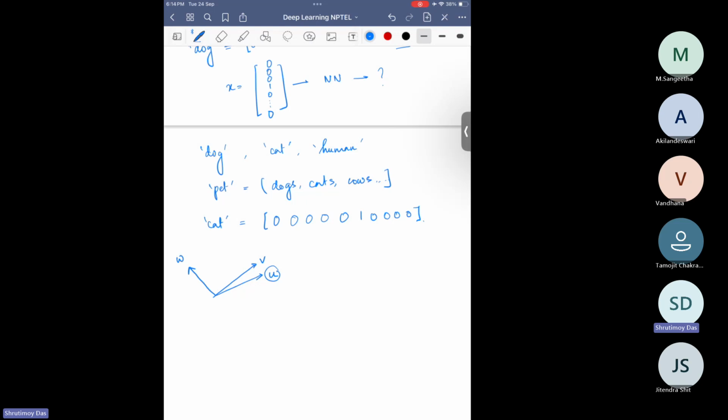Is it v or is it w? You can just unmute yourself, because this understanding is needed for what we are trying to do here.